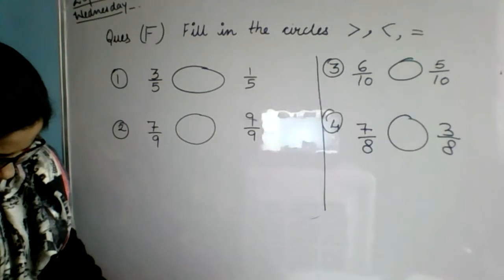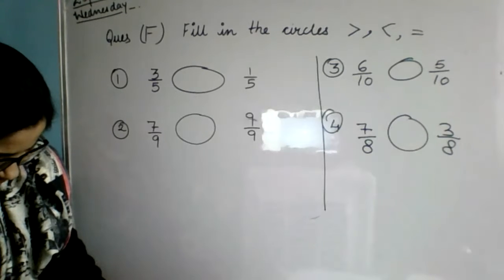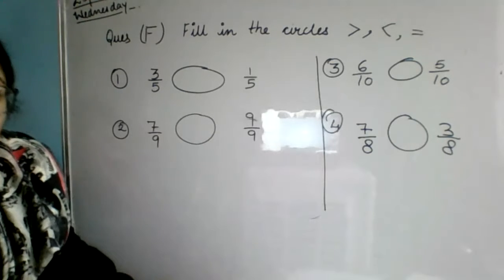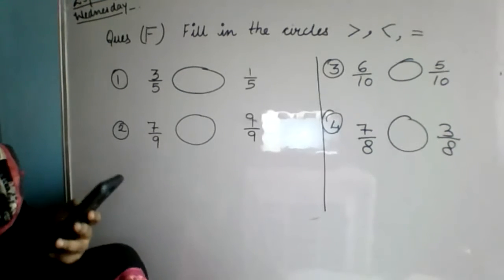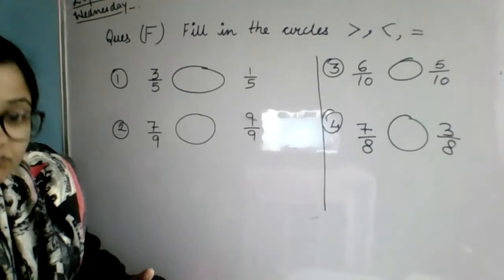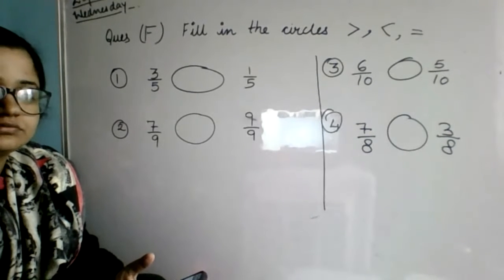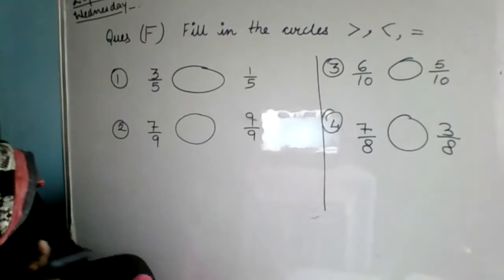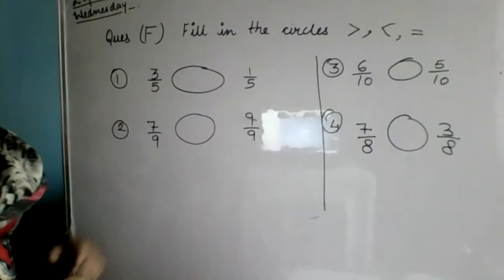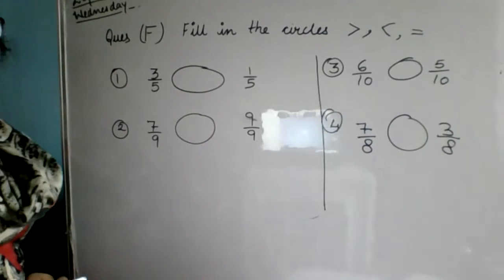In the second one, you have written 9 upon 9. Yes, 9 upon 9. Okay, tell me. 3 upon 5, 1 upon 5, which is smaller and which is greater?